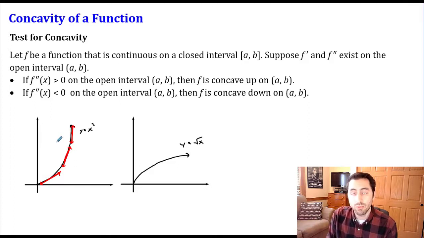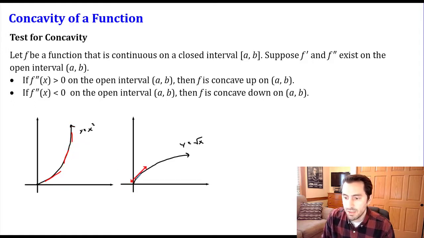That means that the rate of change of the first derivative, since the first derivative tells us the slopes of the tangent lines, is increasing. In other words, the second derivative is positive. As I move from left to right, because the slopes of my tangent lines are increasing, they're getting steeper, the second derivative has to be positive.